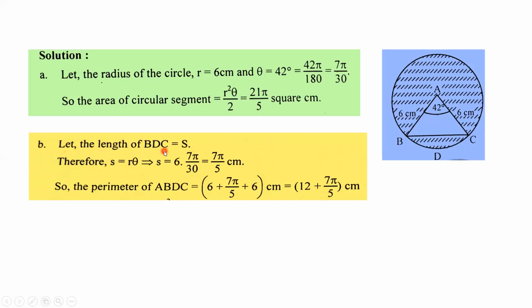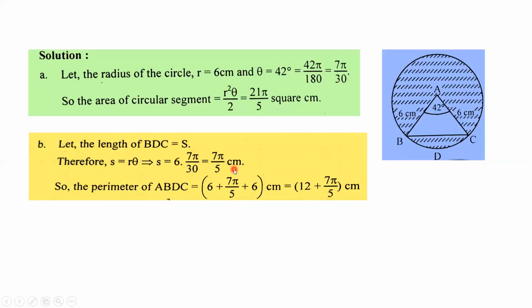Now go for question B. Let the length of arc BDC be S. Therefore S equals r theta, you know the formula. Here the value of r is 6 and the value of theta is 7 pi by 30, so that is 7 pi by 5 centimeters.